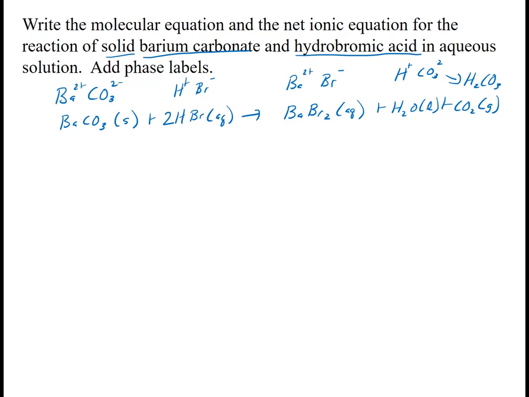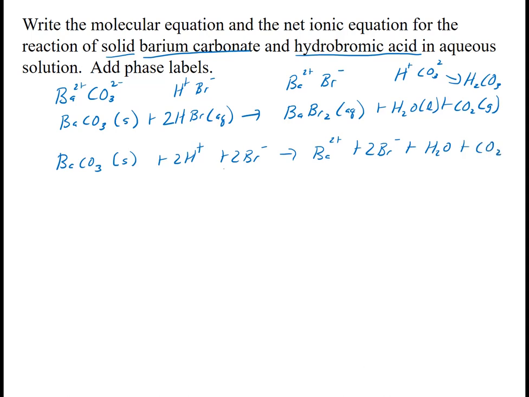Okay, again, this is a solid, so it doesn't break apart, so it becomes BaCO3. You really don't need to write that for the net ionic, but for the complete ionic, plus 2 H pluses, plus 2 bromides, goes to form Ba 2 plus, 2 bromides, plus water, plus CO2.